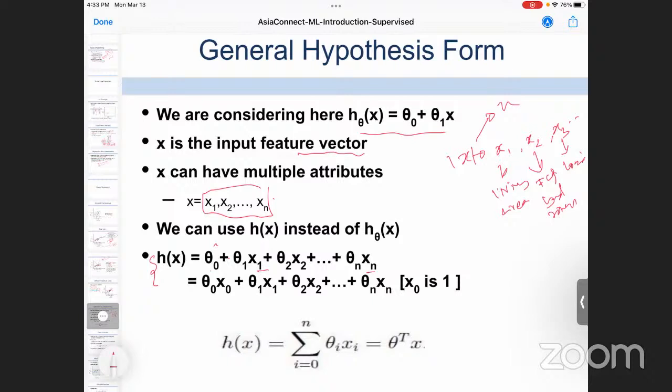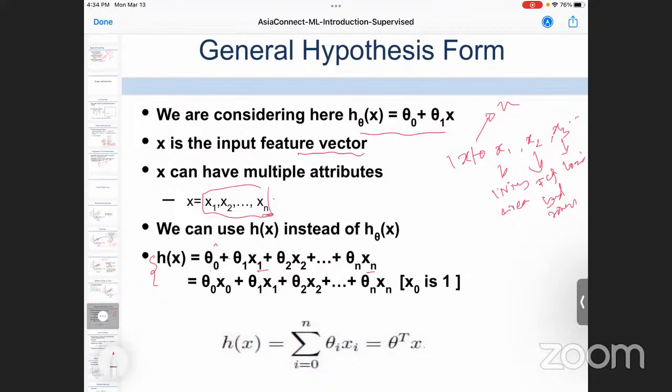For every input, you have n features: living area, number of bedrooms, location, like the area of your land. So these are the features. For each example, we are assuming there are n features.